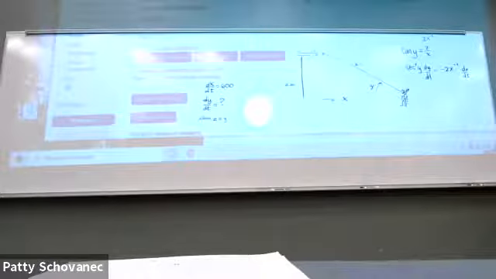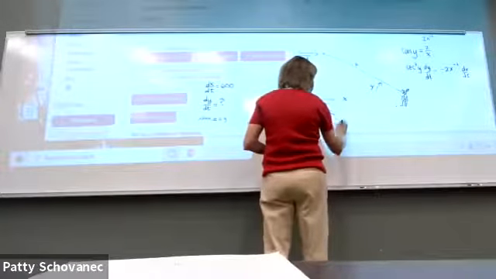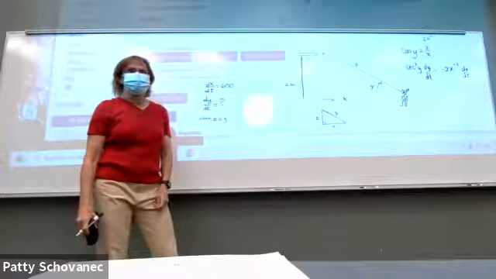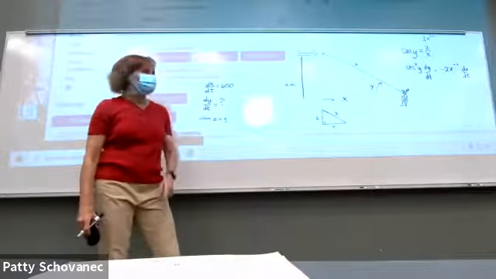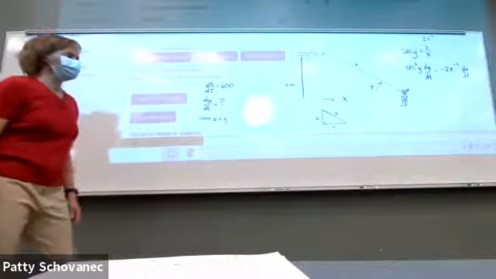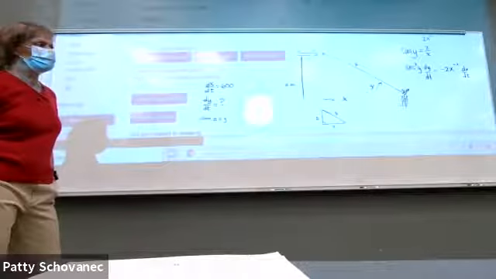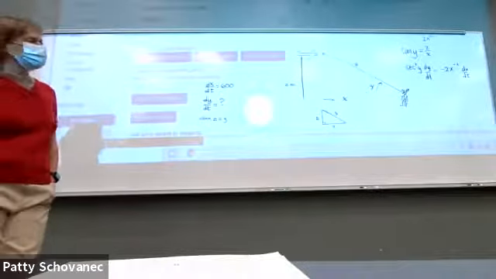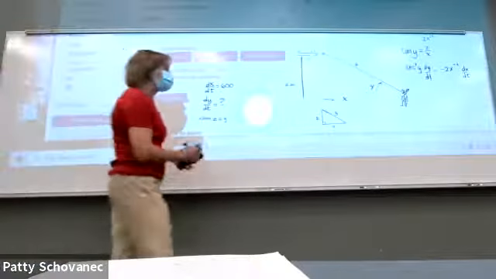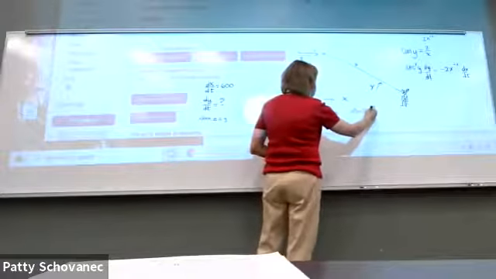So let's freeze frame everything: this is 2, this is 3, we need X. X squared plus 2 squared is 3 squared.